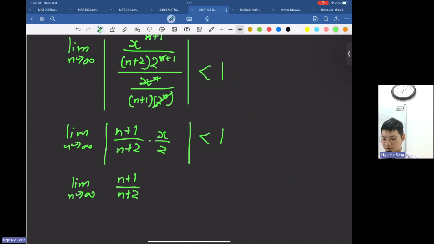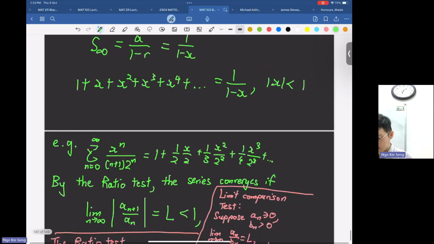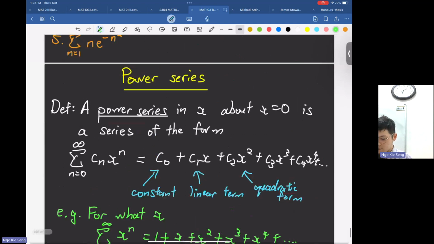Similarly, we can bring 1 over 2 out. But x, we're not sure. I haven't really told you where the x lies. This x could take values in the real numbers. So this x is a variable or a placeholder.